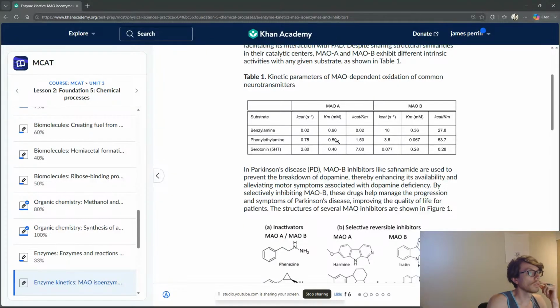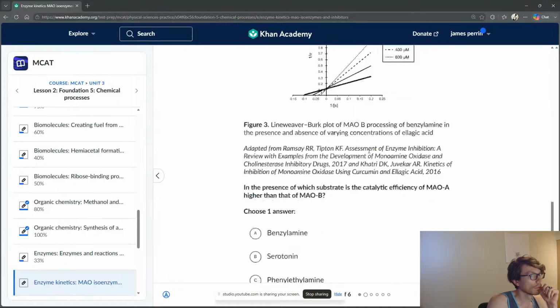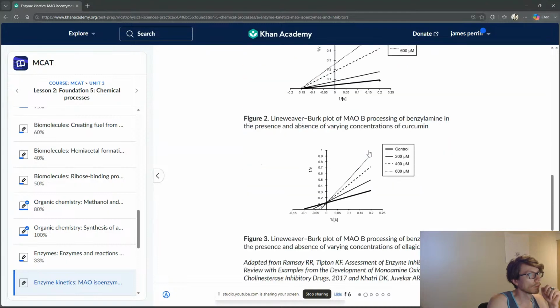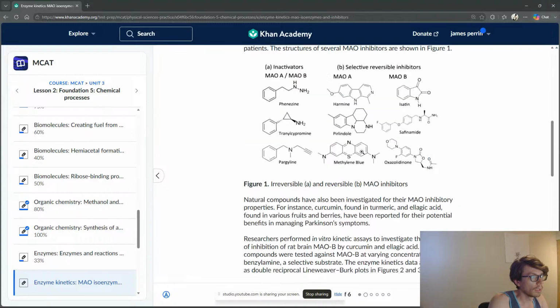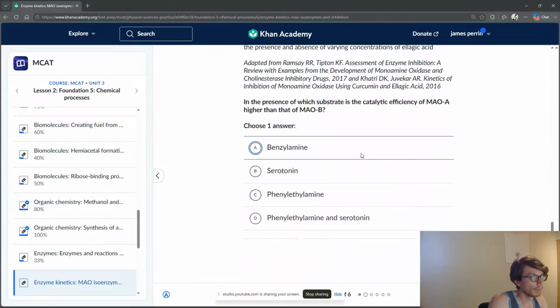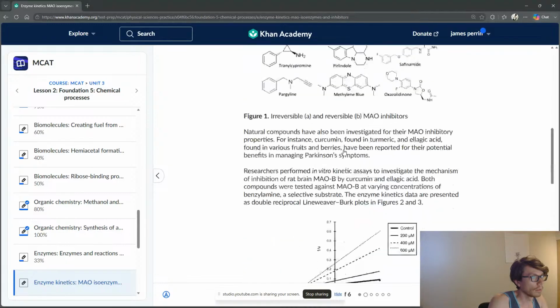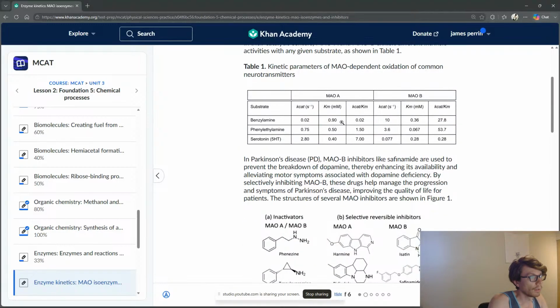I don't even know if I should be multiplying these together. If it's just lower than benzylamine and phenylethylamine, multiplying them.